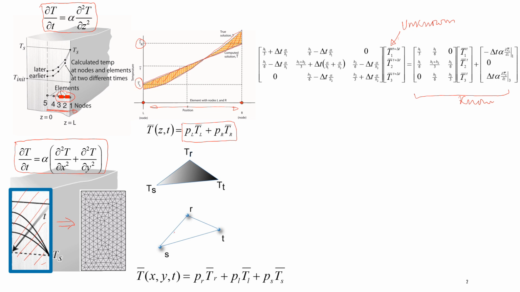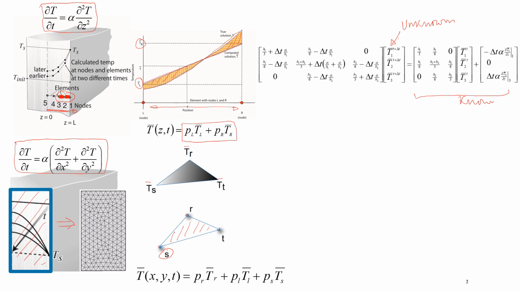And so here is one element, and this particular element has three nodes, and at each node here are the nodal values of temperature, and these all have bars because they are not the true values. We don't know the true values.